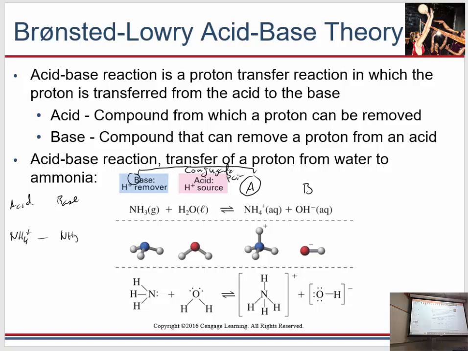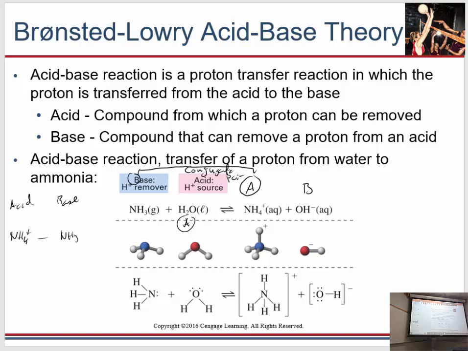The conjugate relationship is the stronger the acid, the weaker its base. The stronger the base, the weaker the acid. It has to be that way because a strong acid doesn't really want a proton, whereas a strong base does. And so there has to be a seesaw relationship there. Okay, now the other conjugate pair is water and hydroxide.